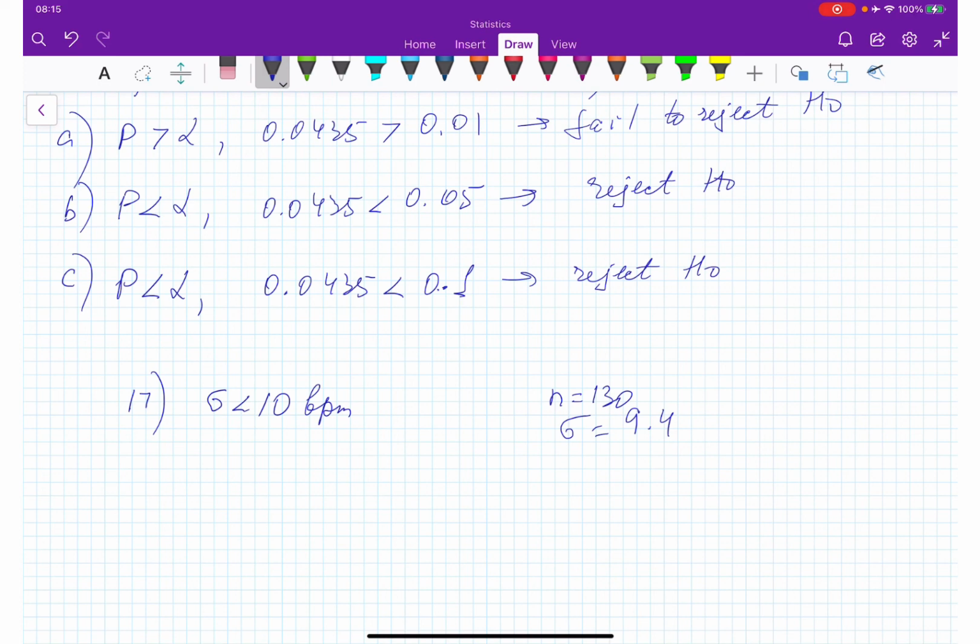First we need to express the original claim in symbolic form, which we already have: sigma is less than 10. And B asks us to identify the null and alternative hypotheses. Since it says less than, does it go in the null or the alternative? Of course it goes in the alternative, because the null must have an equal sign.